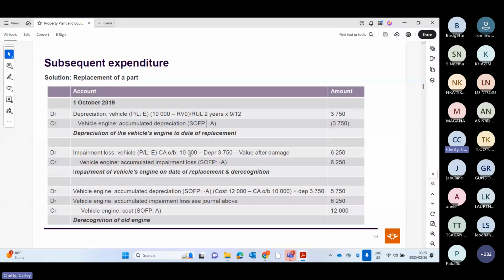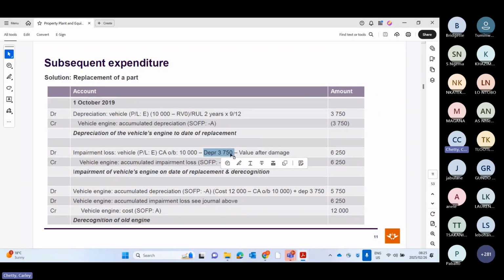So now we are minusing the depreciation that we calculated. That is depreciation from 1st of January to 30 September. And that will give us a carrying amount of 6,250 Rand.